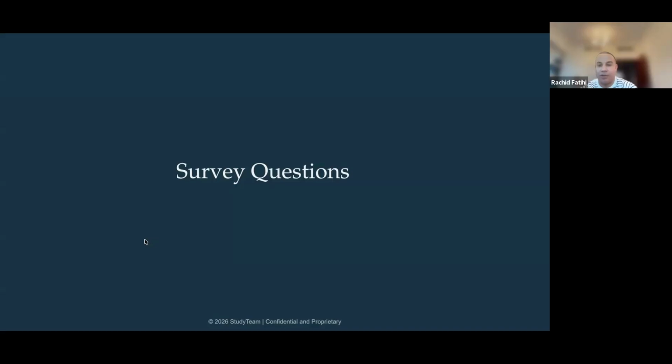For question 4, what I found very interesting is what are the top challenges for you as a research site, for the sites that you work with, or as a sponsor? We can see that not having sufficient staff time or resources to manage the patient pipeline is at least 50% of the answers. 50% are experiencing the same challenge. Well, thank you so much, everyone, for responding to this survey.